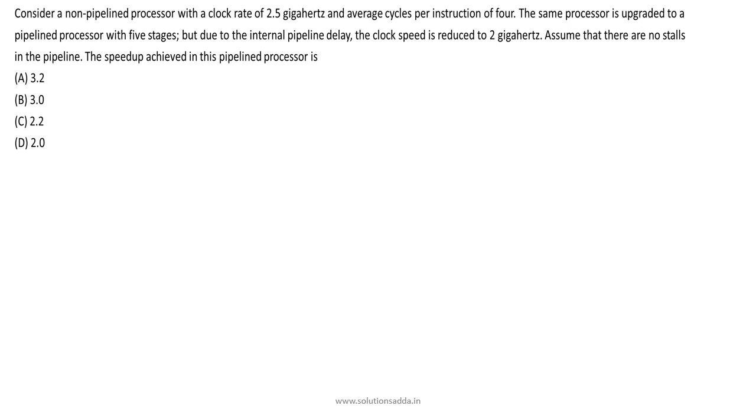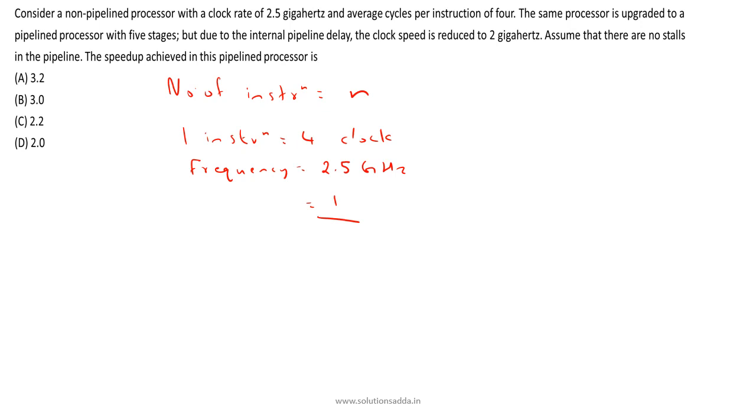So let's calculate the time taken for n instructions with a non-pipeline processor. Number of instructions is equal to n. Each instruction takes 4 clock cycles, and the frequency is 2.5 gigahertz, so the time taken per clock is 1 by 2.5 gigahertz, which is equal to 0.4 nanoseconds.